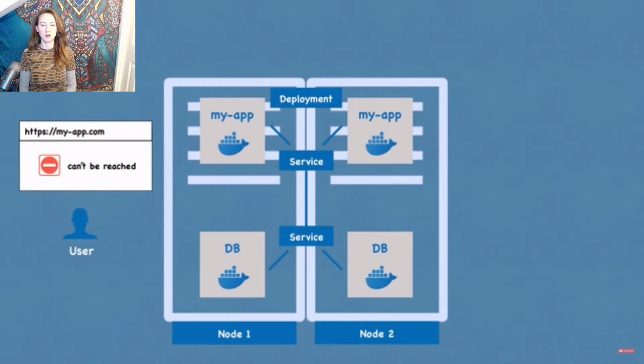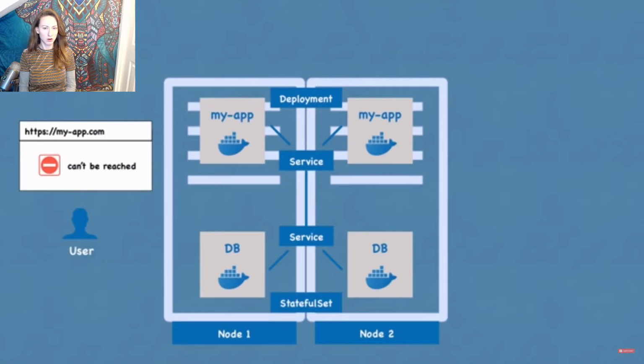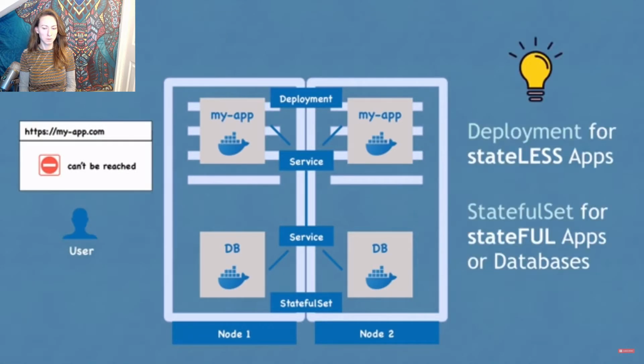And that mechanism, in addition to replicating feature, is offered by another Kubernetes component called stateful set. So this component is meant specifically for applications like databases. So MySQL, MongoDB, Elasticsearch, or any other stateful applications or databases should be created using stateful sets and not deployments. It's a very important distinction.